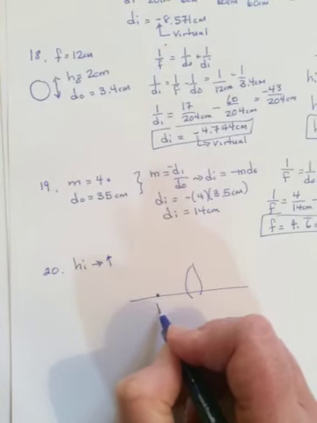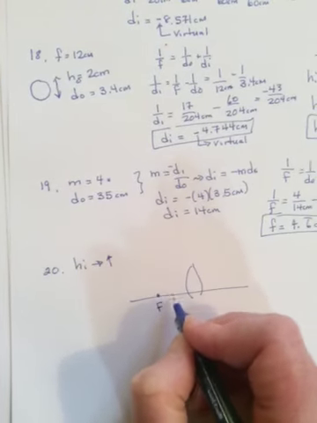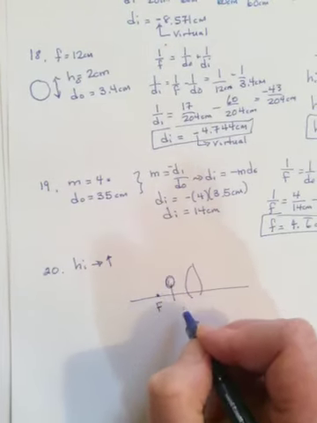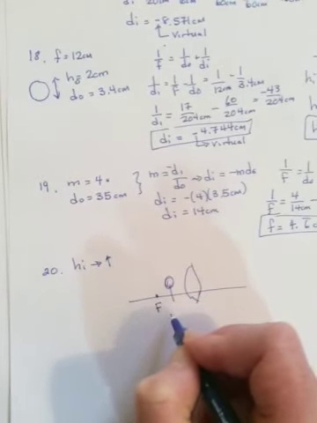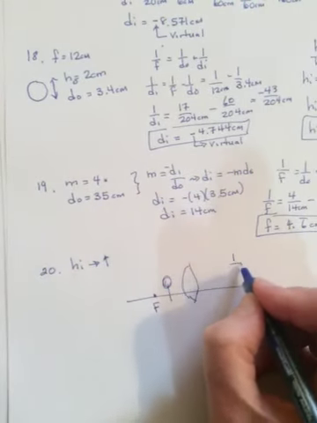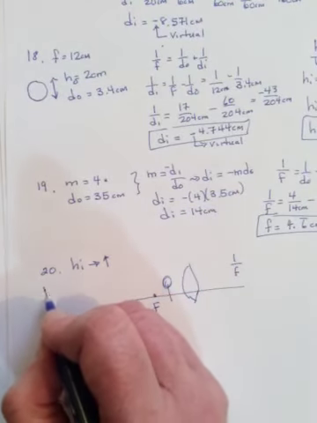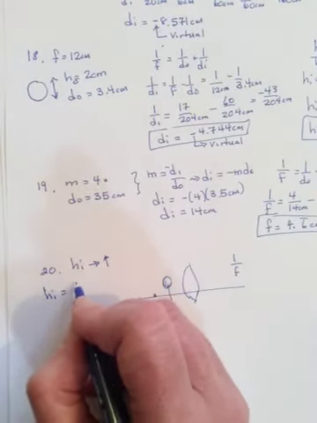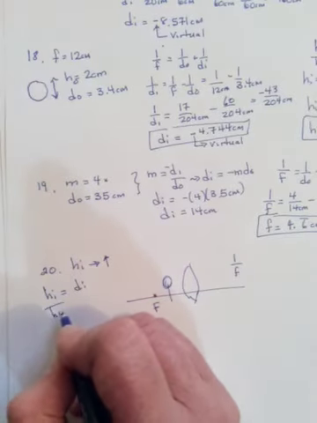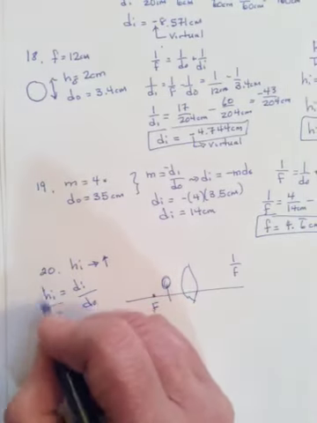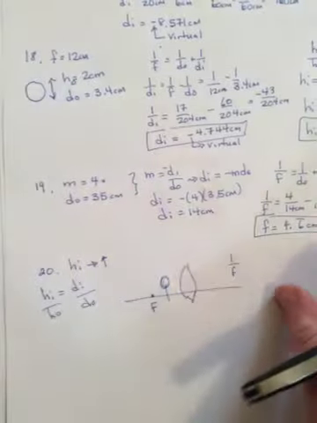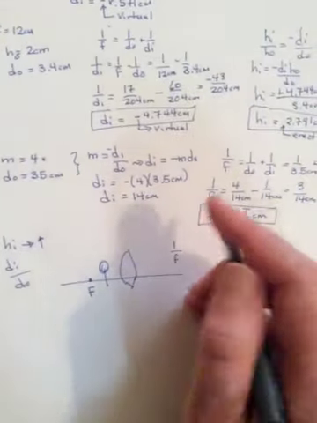You're using it as a magnifying glass, which means your object is going to be between f and the lens, okay? And you want HI to be bigger, and HI will be bigger when DI is bigger, because remember HI over HO is equal to DI over DO. So if we can get DI bigger, then HI will be bigger.